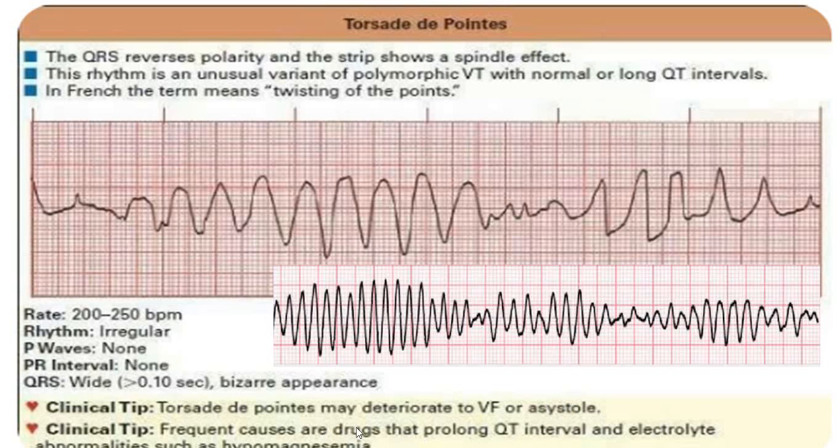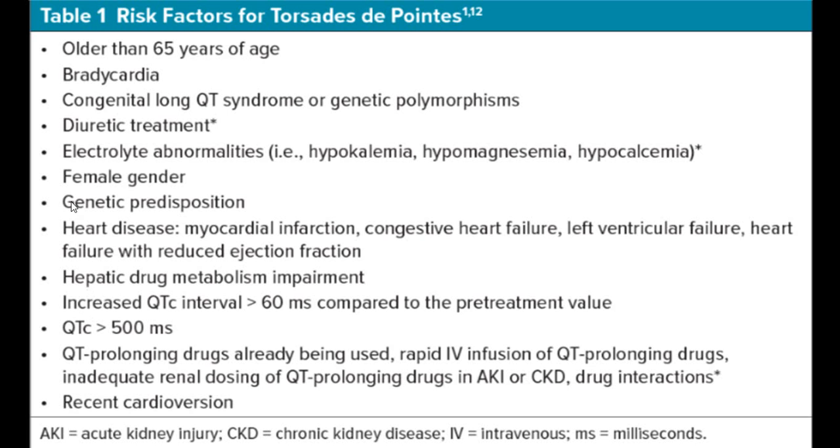Frequent causes are drugs that prolong the QT interval, electrolyte imbalance, mainly hypomagnesemia is the commonest cause. There are some risk factors for Torsades De Pointes. Very common in the person with older age, particularly more than 65 years, bradycardia, congenitally long QT syndromes or genetic polymorphism, diuretics, particularly which produce hypokalemia, hypomagnesemia.